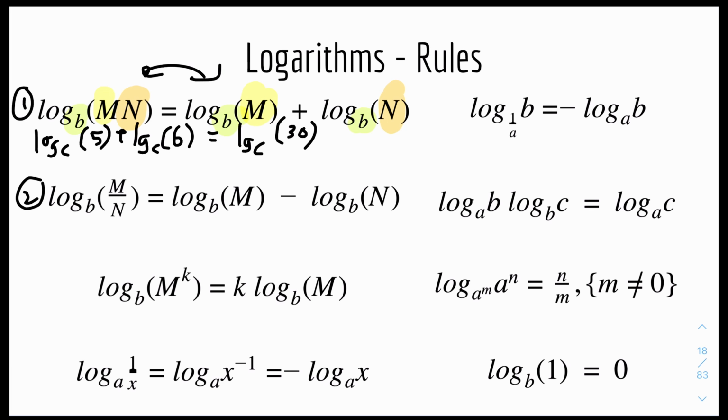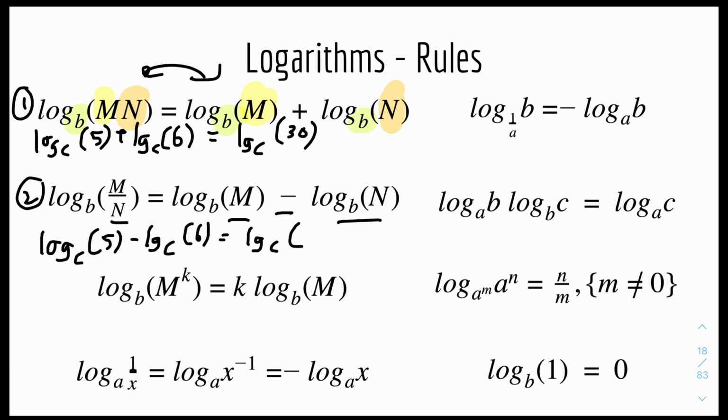It's equal to log base b m minus log base b n. So it could be log base c 5 minus log base c 6, which equals log base c of 5 over 6. So you can see that plus together equals times, and minus together gets us a divide.